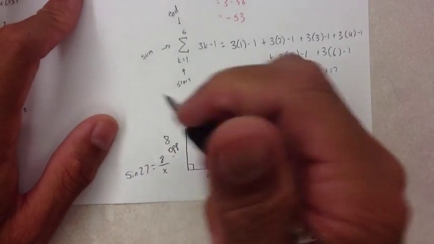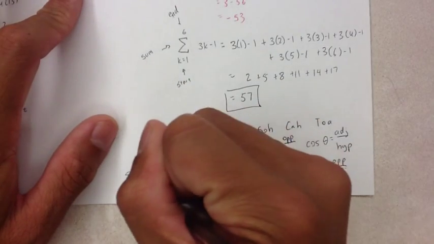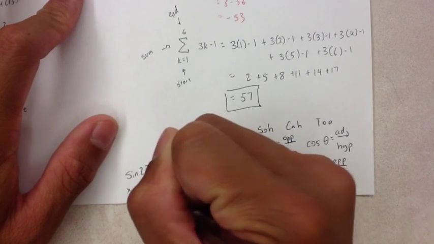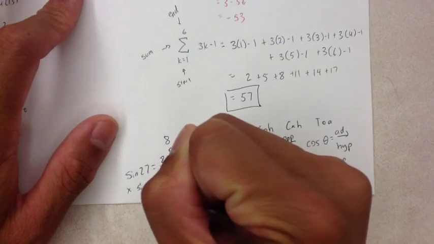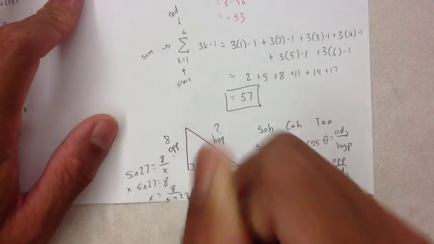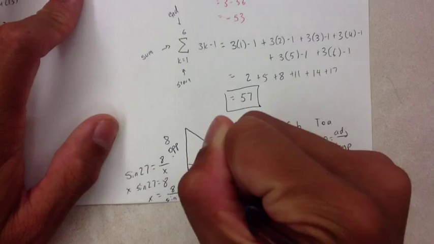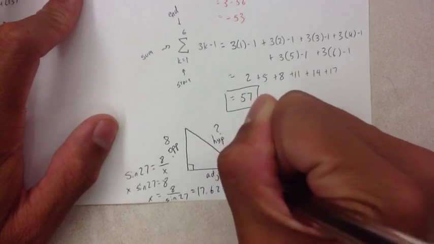So I just need to solve for this, multiplying both sides by x and dividing by sine of 27. I just do 8 divided by sine of 27, making sure that I am in radian mode. I'm sorry, degree mode. So 8 divided by sine of 27 is 17.62, which is what equals my hypotenuse.